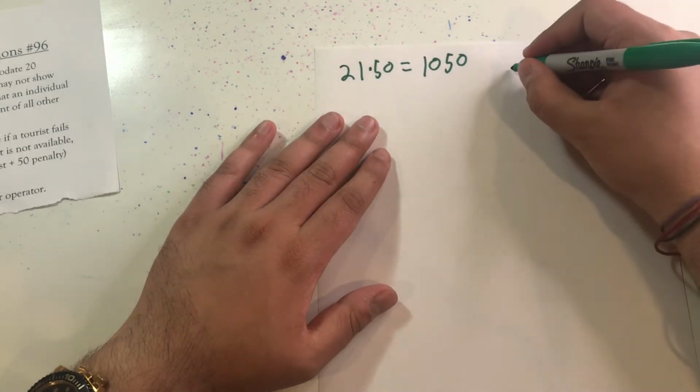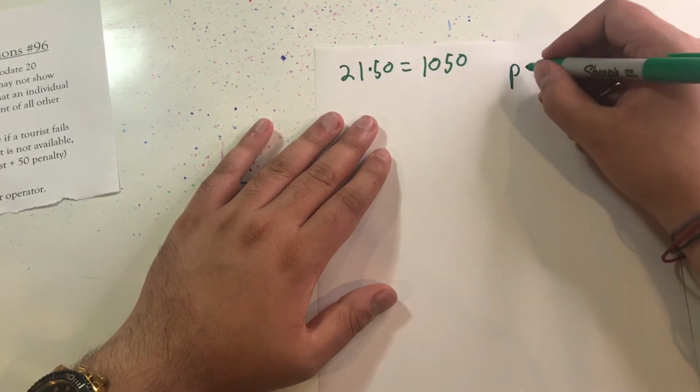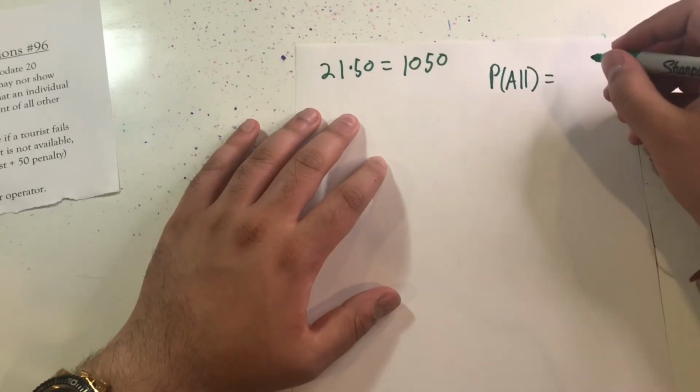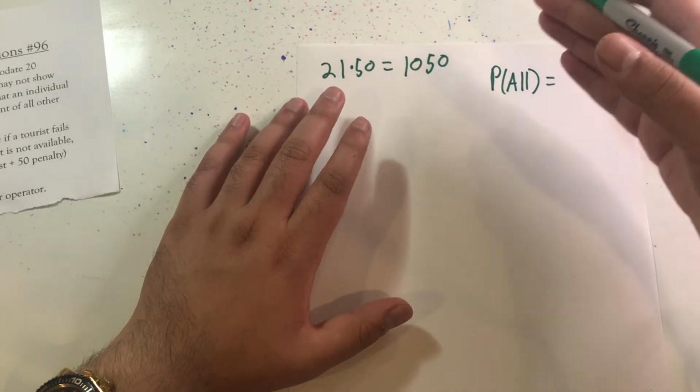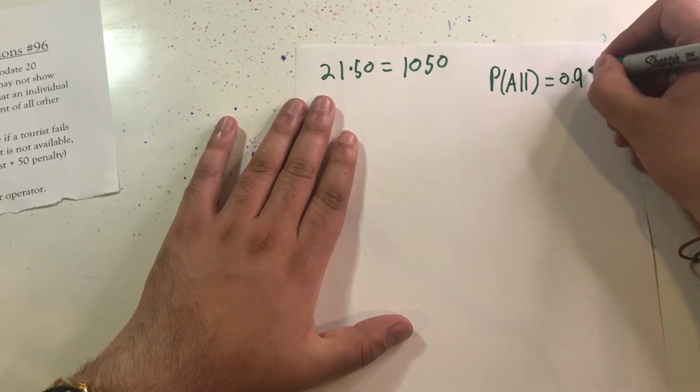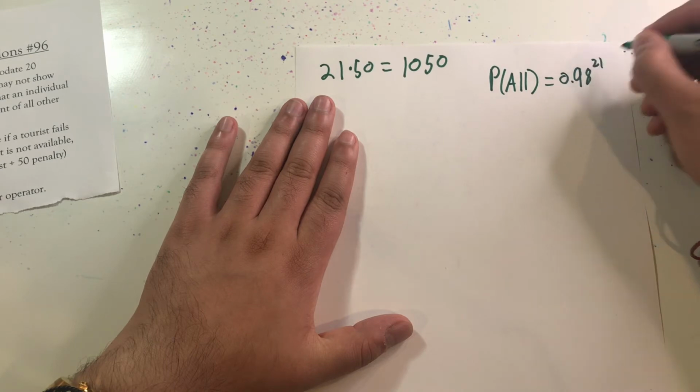So the probability that all passengers show up should be equal to 0.98 times 0.98 times 0.98, 21 times, or 0.98 raised to the 21st.